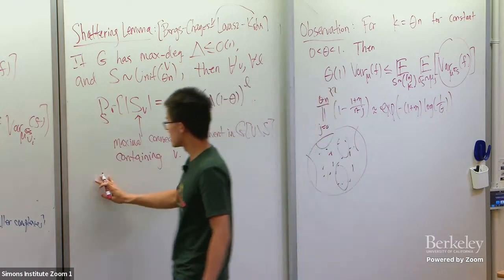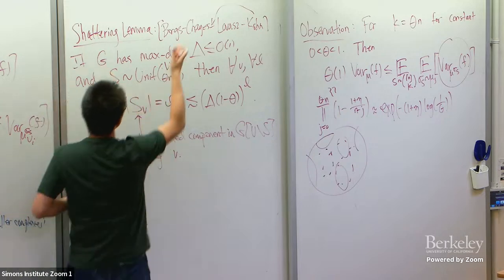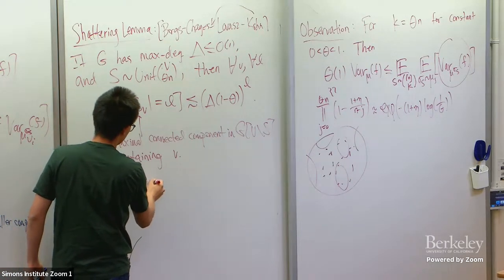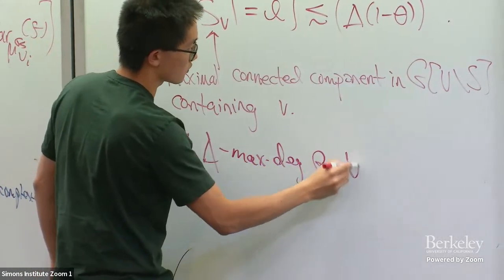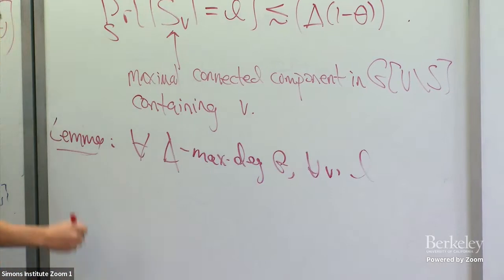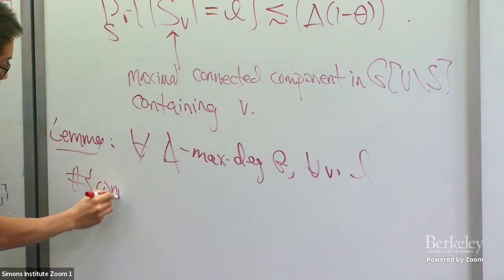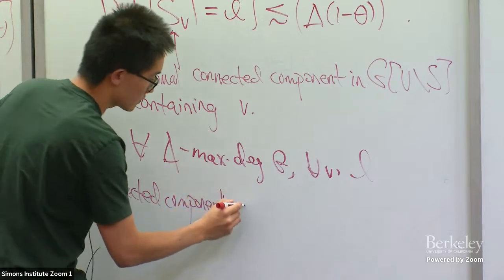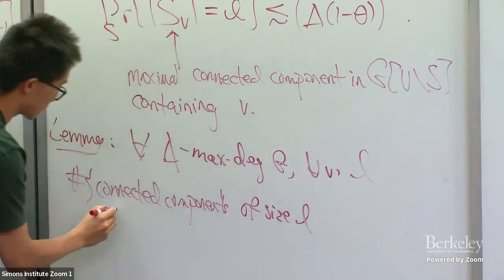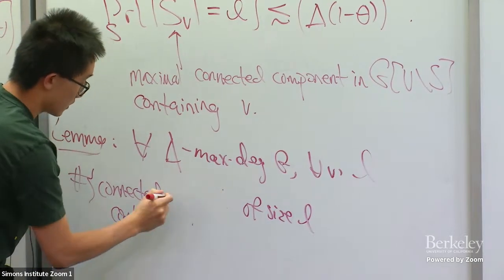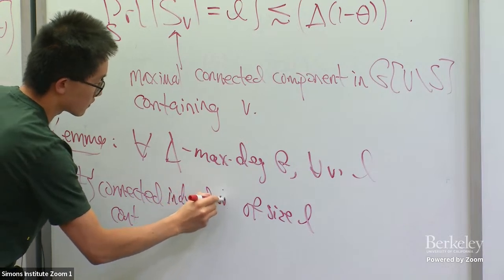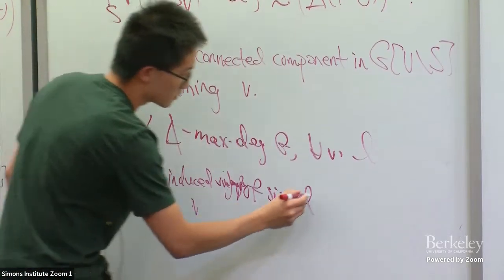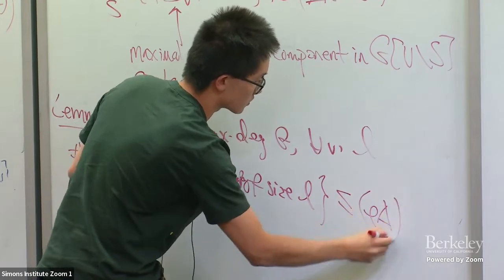The real lemma was: for all max degree Delta graphs G, for all vertices V, for all L, the number of connected induced subgraphs of size L containing V is at most something like e times e Delta to the L.